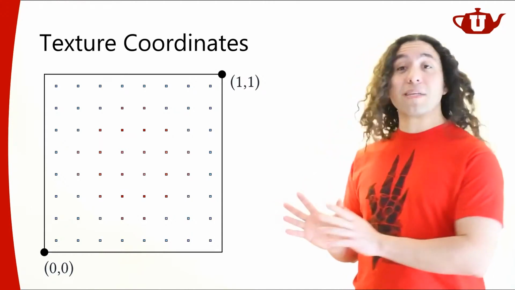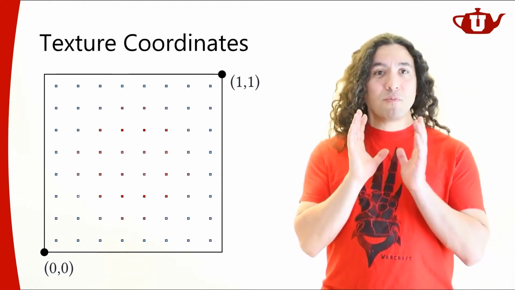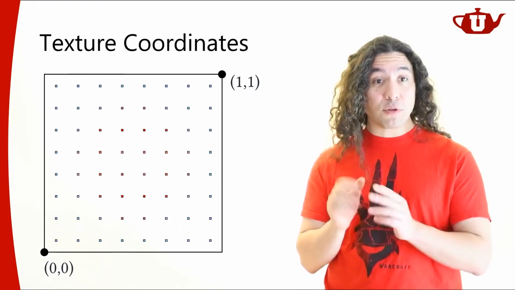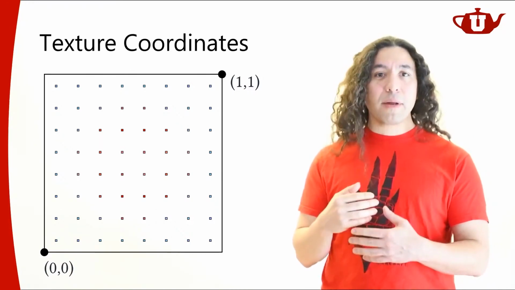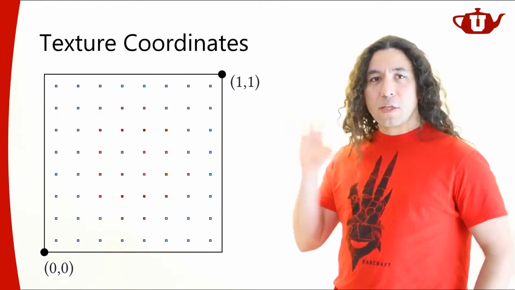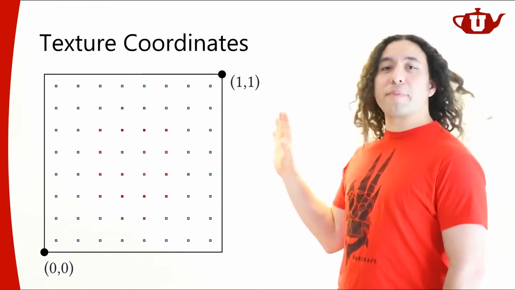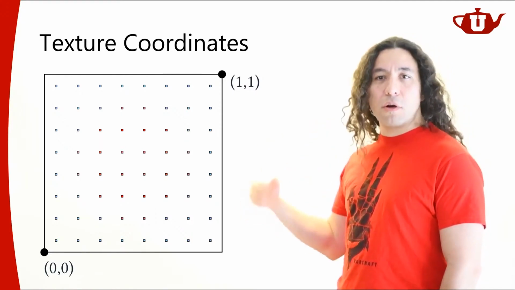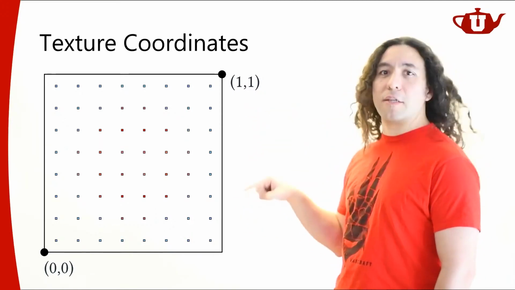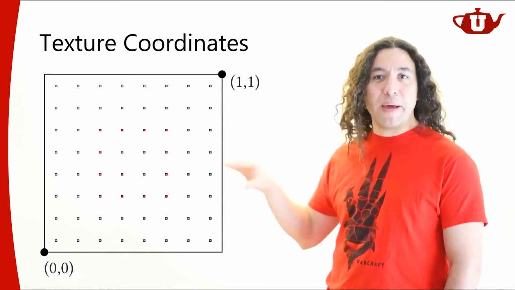So the whole point of this lecture is to make sure that you understand how GPUs look at textures and how to set it up. And once you understand how it is, you will know how to do this. We'll get there. So we're going to assume that our texture coordinates are going to be between 0, 0 and 1, 1. And of course, our texture samples are just points in this space.